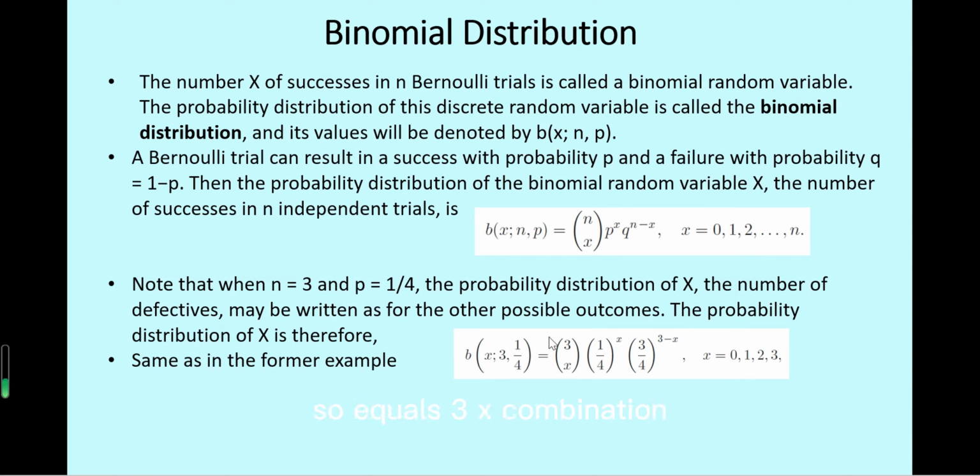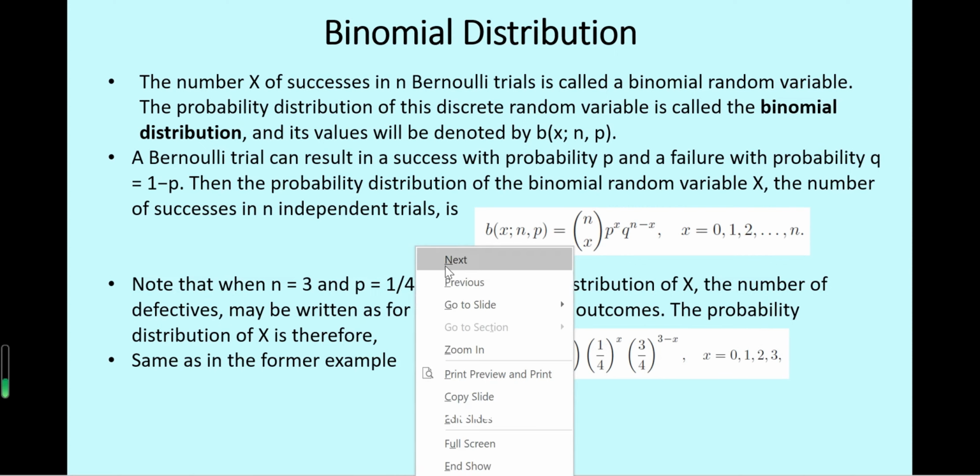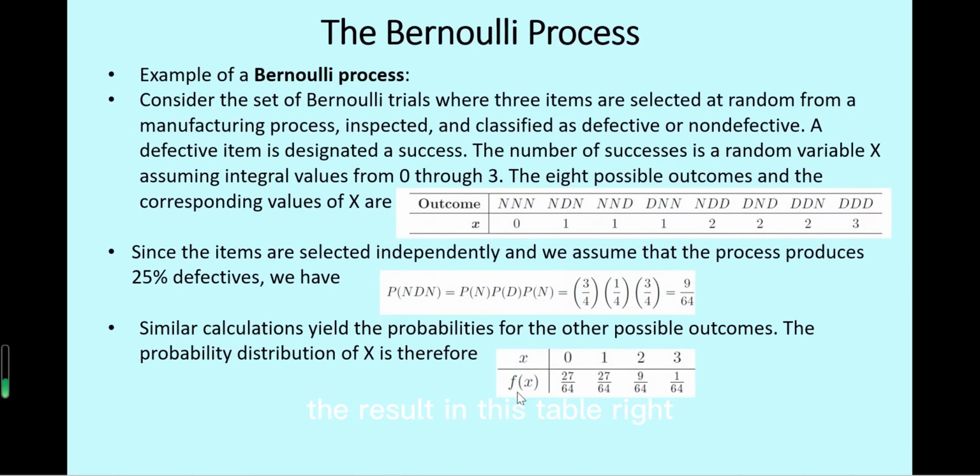So it equals C(3, x) times (1/4) to the power x times (3/4) to the power 3 minus x. X can be 0, 1, 2, 3. So this formula will actually give the results in this table, right?